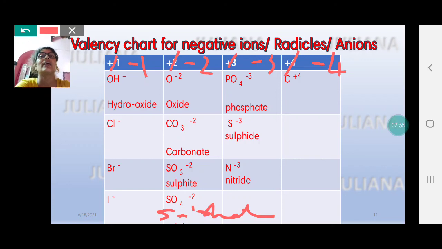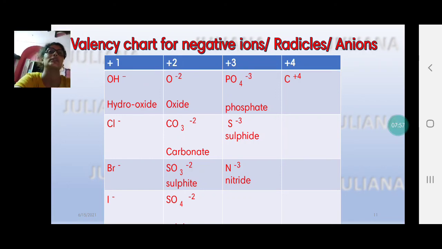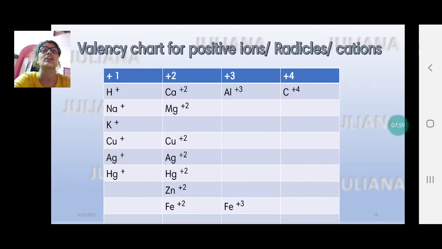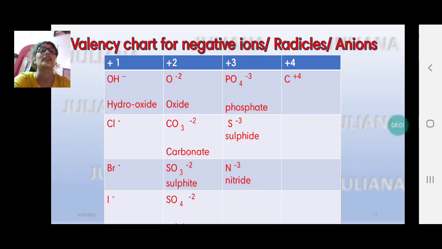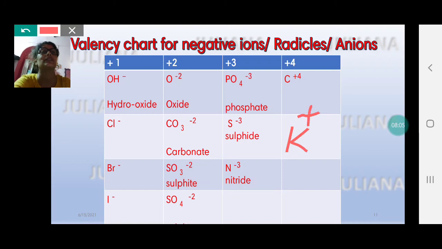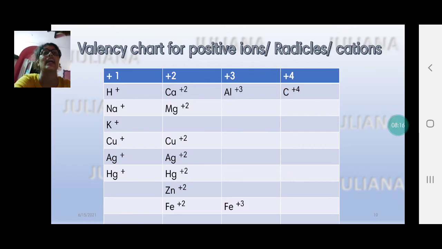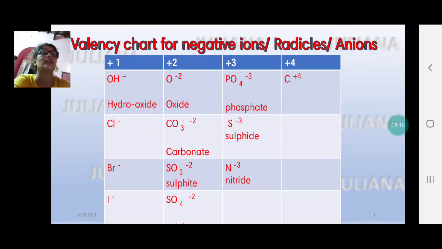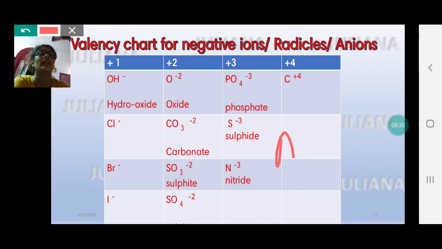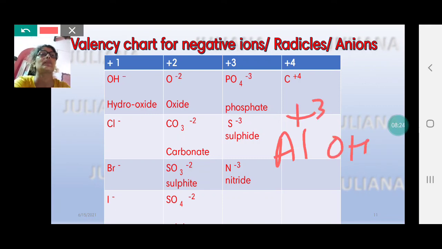Why? Because whenever we have to form a compound, suppose you want to form potassium hydroxide. Potassium is +1 and hydroxide is -1. So the formula for it will be KOH. If you want to form aluminium hydroxide, aluminium is +3 and hydroxide is OH -1.